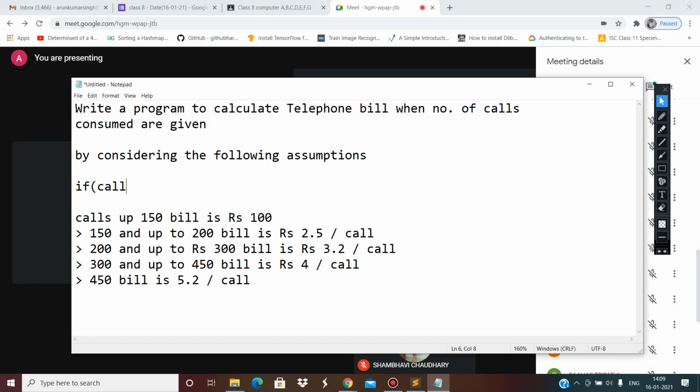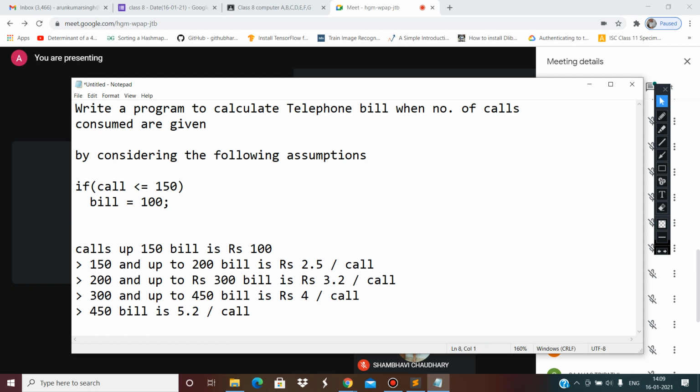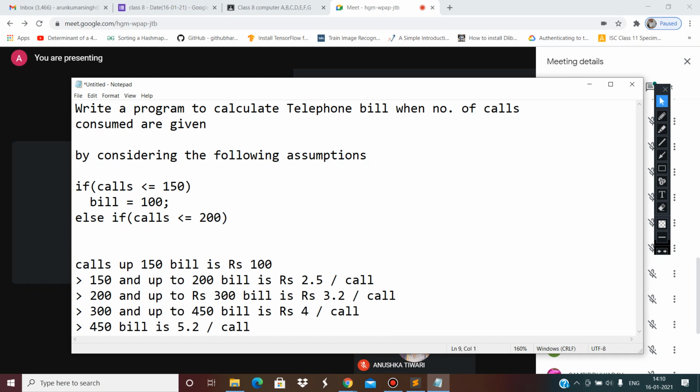Children, if number of calls is less than or equal to 150, here you have to write bill equals 100. The very first condition, right? And now the second one is else if calls are less than or equal to 200, because when the first condition is false, then only it will reach here.